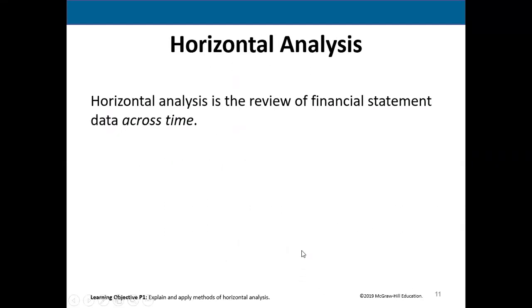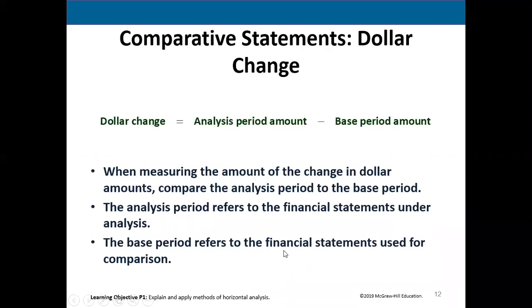So let's start with horizontal analysis. Horizontal analysis is the review of financial statement data going across time. If you go to page 616 of your book, there's an example. It's actually for Apple's balance sheet, a real balance sheet there. And on the top and on the bottom is their income statement.